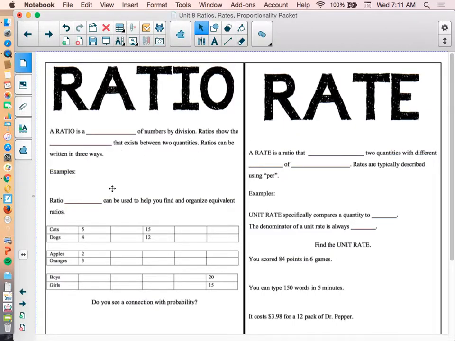Starting with a ratio versus a rate. These are two different things that are very similar. A ratio is a comparison of numbers by division. So please write in comparison.